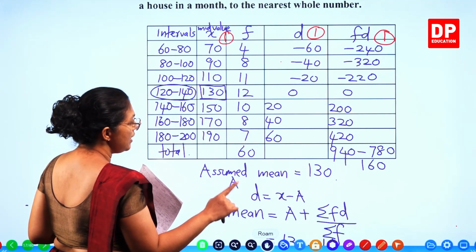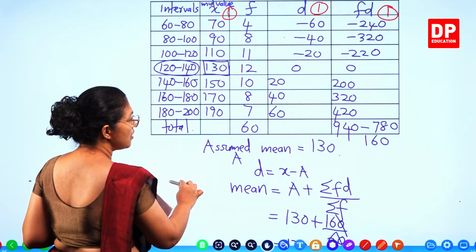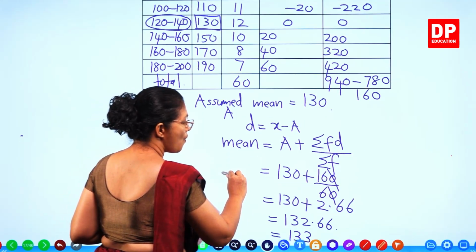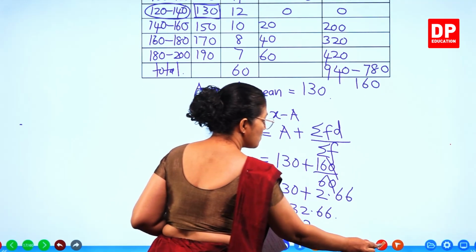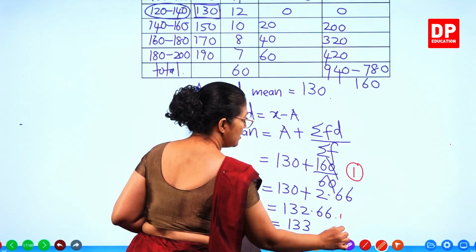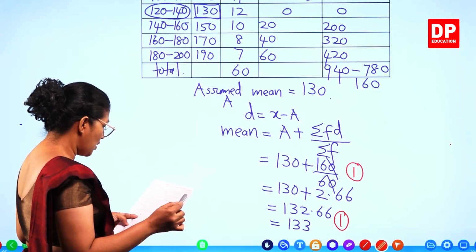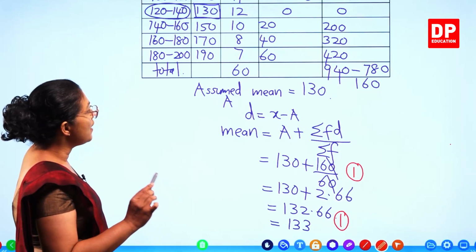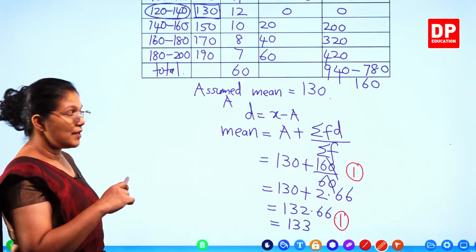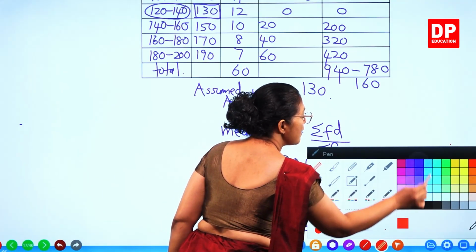So 1, 2, 3 and we gave previously 1 mark, 4, and here 5, and here the last one, the rounded value, you get 1 mark. 1, 2, 3, 4, 5, 6 marks for that part. And we gave 1 mark previously. Altogether 7 marks we have given. Let's take the next part.